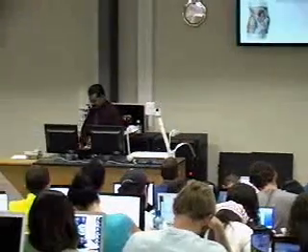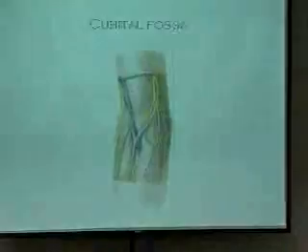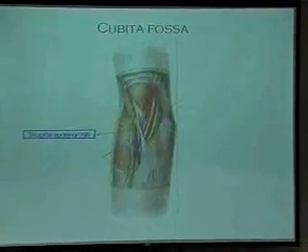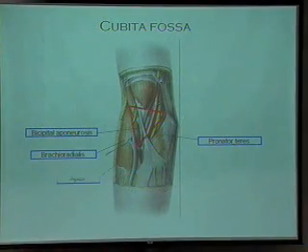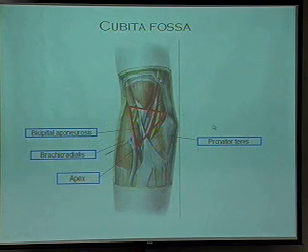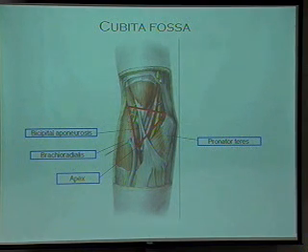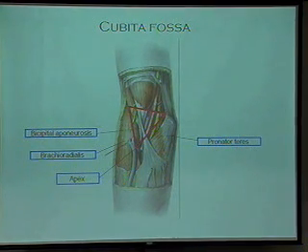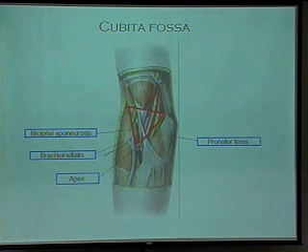Okay, coming back to this triangular depression. Laterally, we have this muscle, brachioradialis. Medially, we have pronator teres, and superiorly, it's an imaginary line that connects the two epicondyles of the humerus.